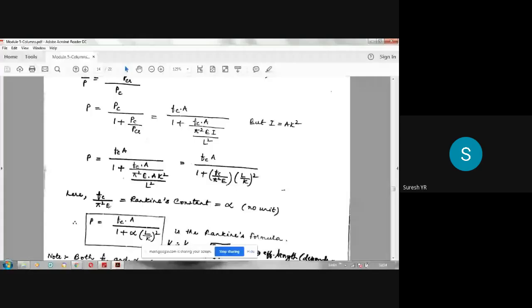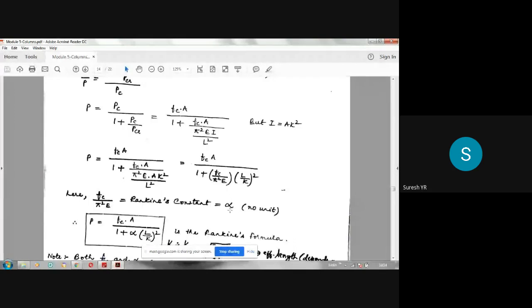Given material of the column, please note that it is constant for a given material. Pi is another constant. If you take the units, FC is expressed in Newton per mm square, E also is expressed in Newton per mm square, and pi has no unit, so it cancels. So this constant is called Rankine's constant, denoted by alpha.